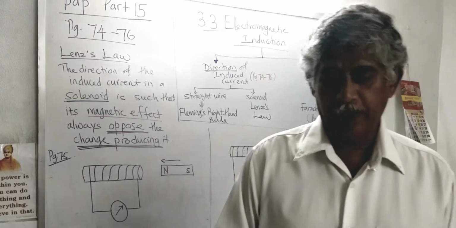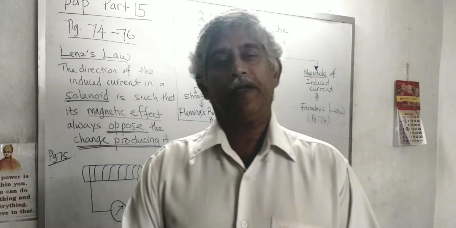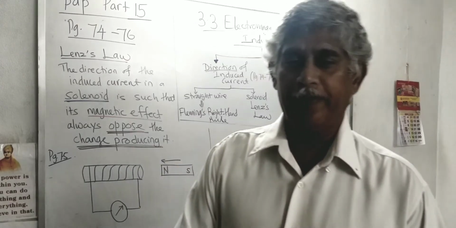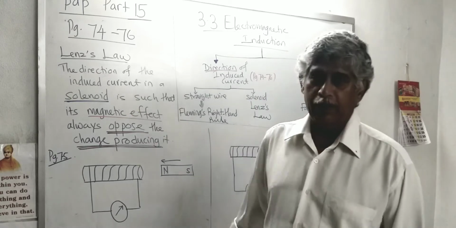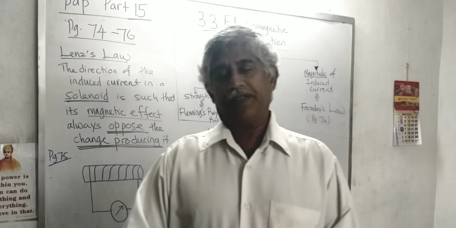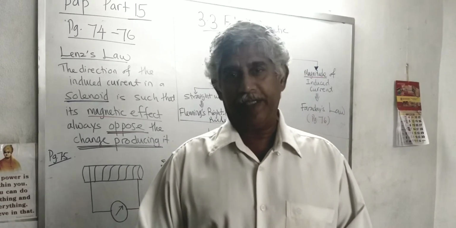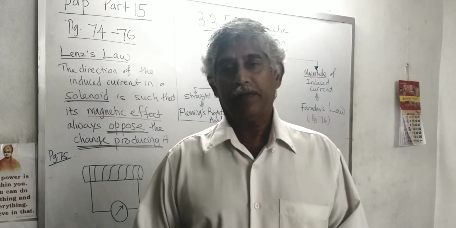Today, students, we are continuing our lesson. If you memorize Fleming's right hand rule for electromagnetic induction, okay. So just to recall what we have done the other day, we were talking about electromagnetic induction, that is, production of electricity when there is a change in the magnetic field through a conductor.